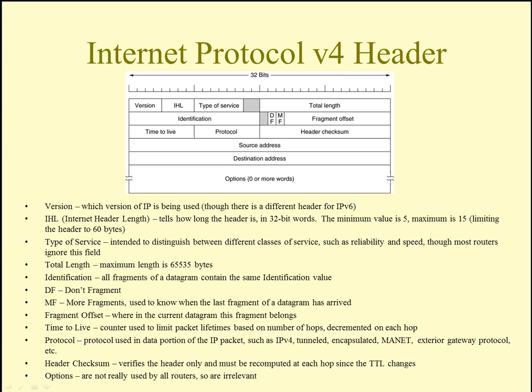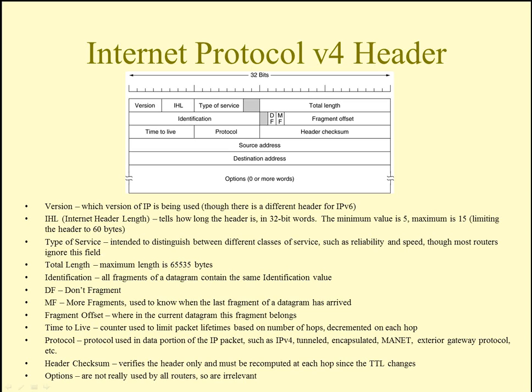The options at the bottom, again, were used to allow extensibility of the IP version 4 header. They're not really used by all routers, and since they're not used by all routers, the only time that this would be relevant is if you're within your own network and you have multiple routers that are all going to utilize those options.